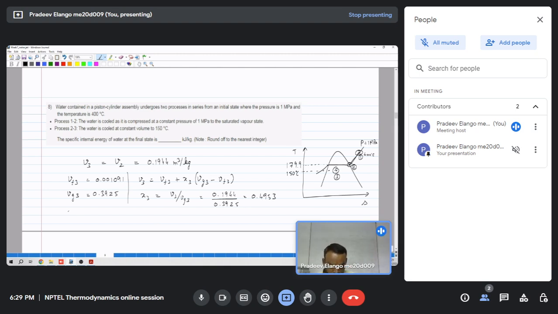Now if we calculate internal energy at state 3, this is Uf3 plus X3 into Ug3 minus Uf3. This can be obtained from the table.